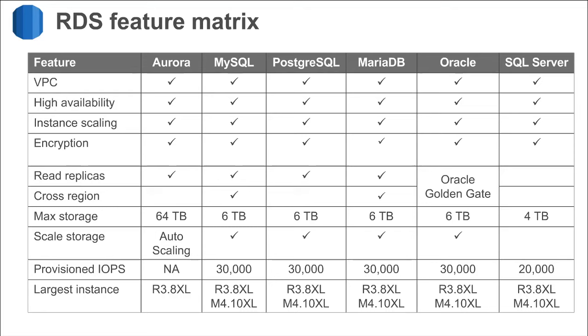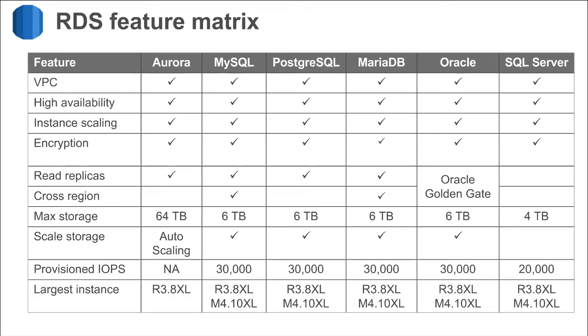The feature matrix here compares various capabilities across each of the database engines that are provided on our RDS platform. As you can see, each of those capabilities are available pretty much on all of the supported database engines on the AWS platform.